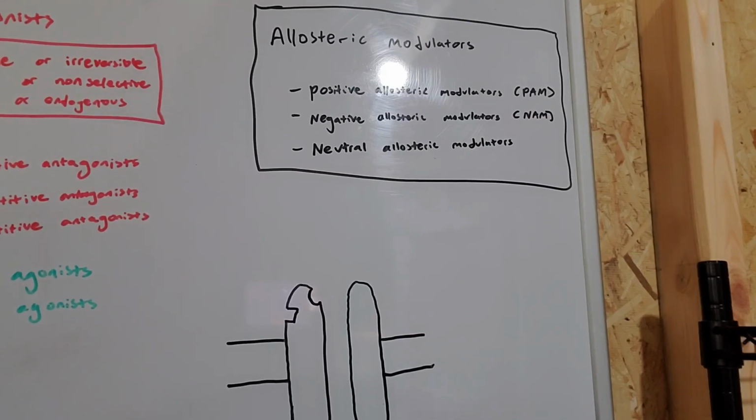Ligand receptor interactions are pervasive in pharmacology. It's important to learn the general different types of ligands and how they interact with receptors before you really delve deeper into the ways that specific ligands interact with specific receptors, because then you have more of a baseline knowledge of how it works and how it could work with different substances.